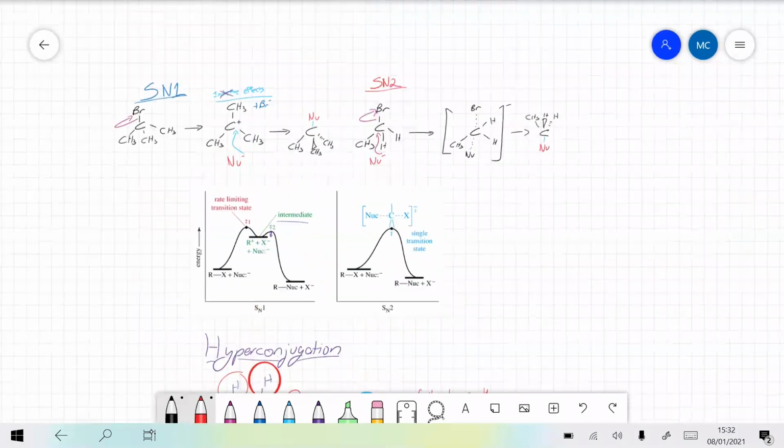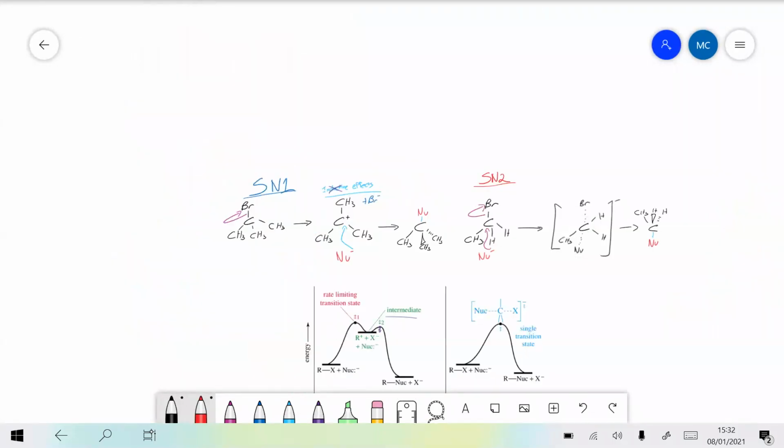Now, let's go back to SN1 and SN2. Because of this hyperconjugation, the stability of the carbocation, okay, tertiary carbocations are much more stable than primary. And therefore, tertiary carbocations will normally undergo SN1.